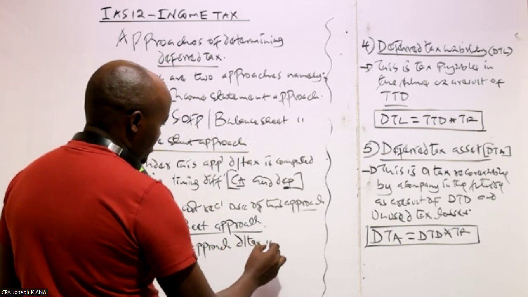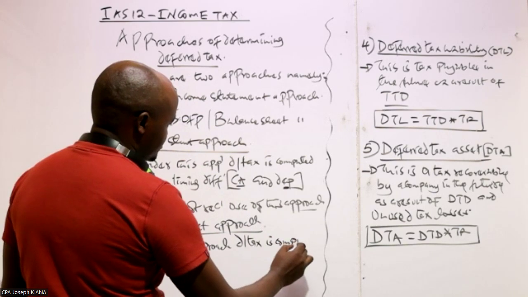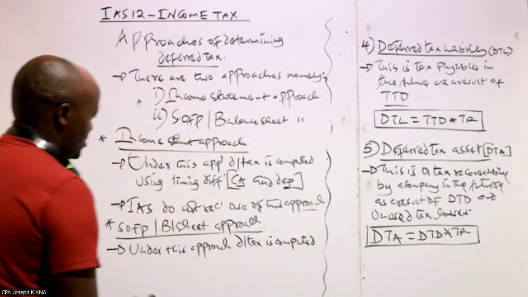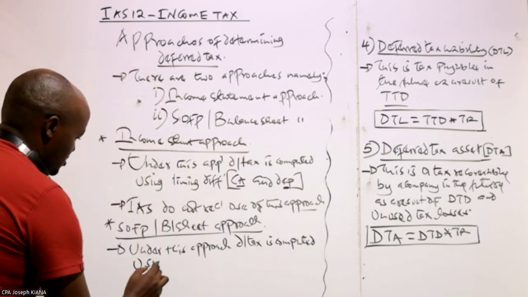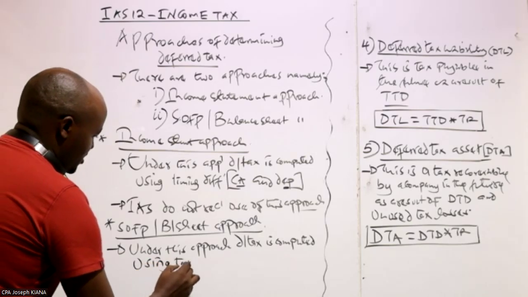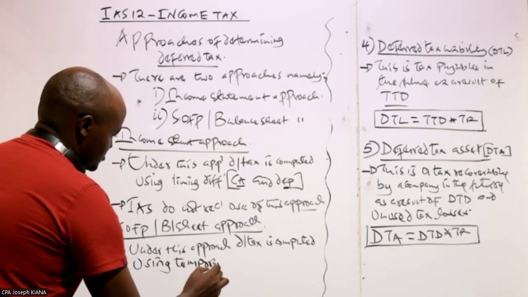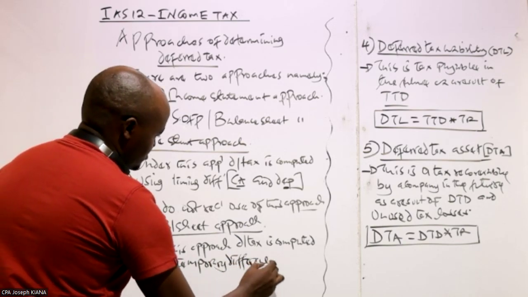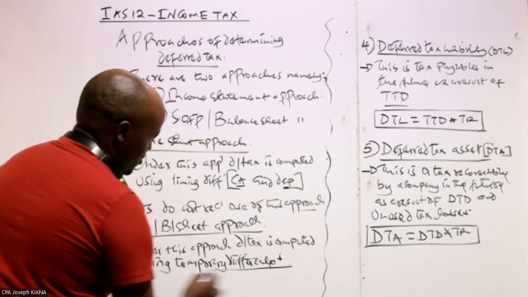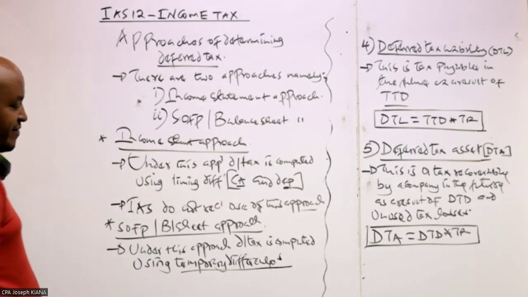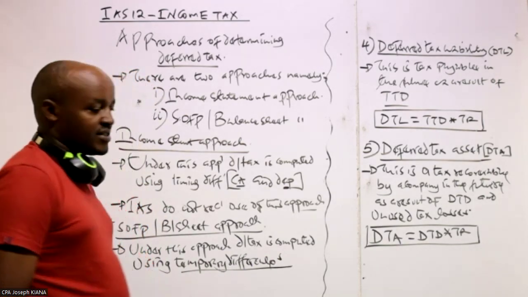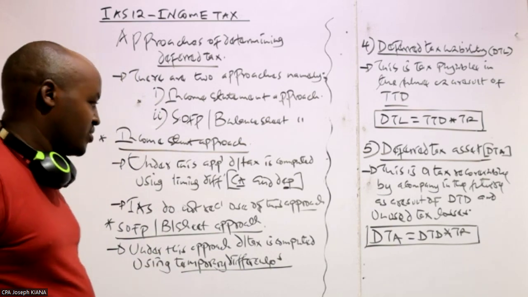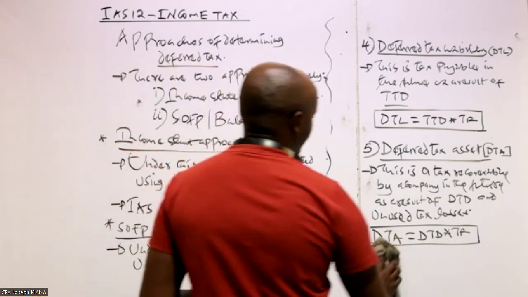So we can say under this approach, deferred tax is computed using temporary differences. And actually, we know temporary difference is the difference between the accounting profit and taxable profit.